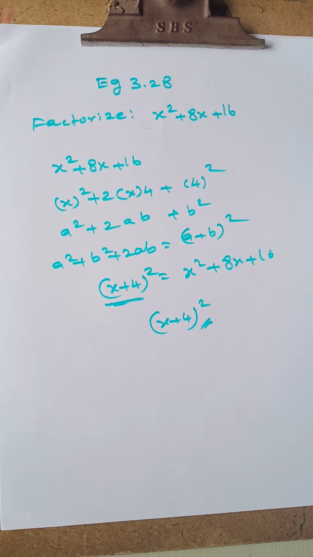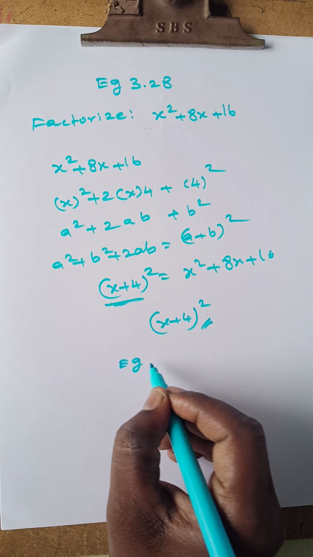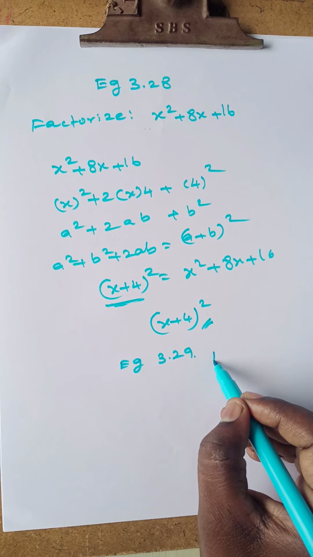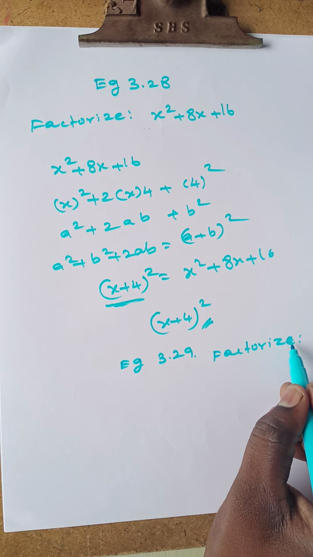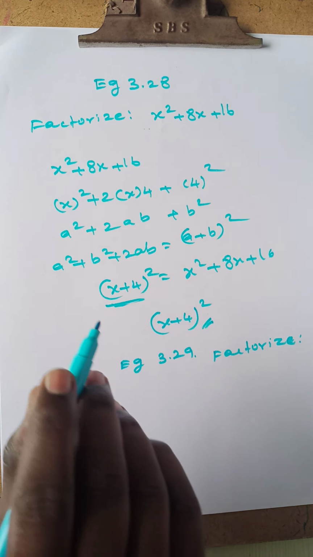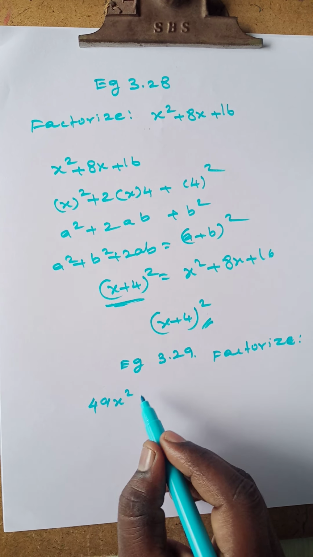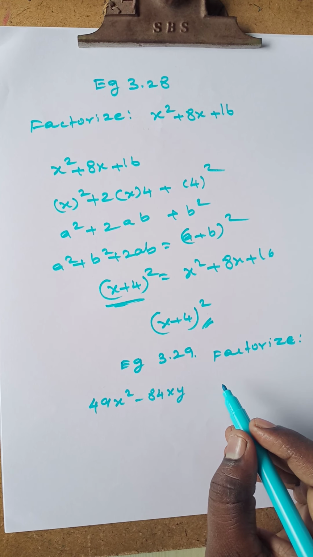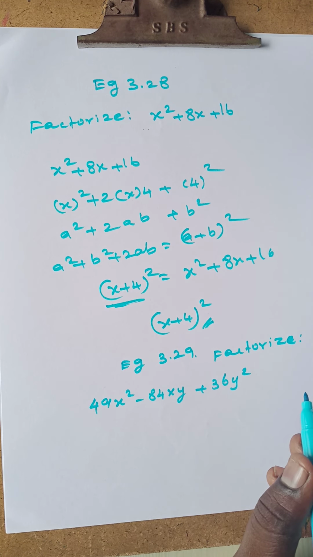The next question, example 3.29. The same topic, factorize: 49x square minus 84xy plus 36y square.